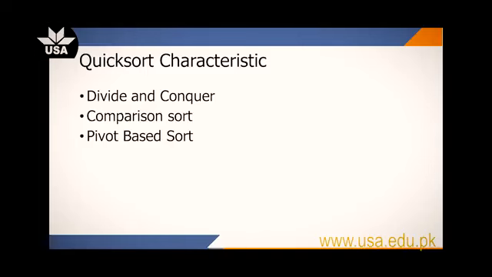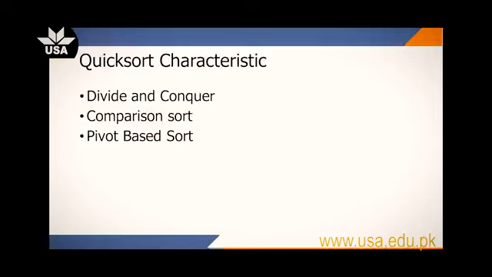Now let's compare these previously discussed sorting algorithms with the quicksort algorithm. Quicksort has the following characteristics. It uses the approach of divide and conquer. It is also a comparison sort, and lastly, the most distinguishing characteristic of quicksort, which separates it from the merge sort algorithm, is that it is a pivot based sort.